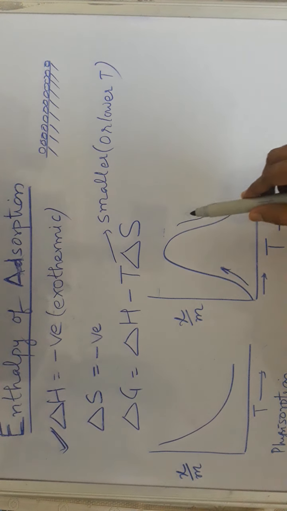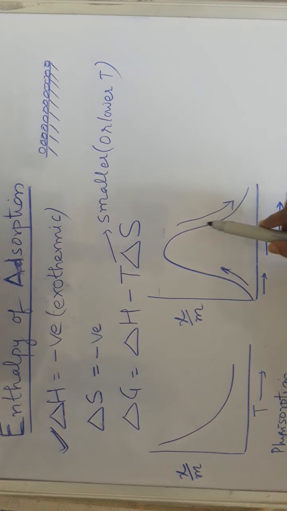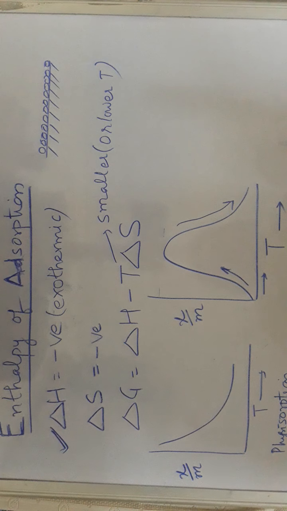Because thermodynamically adsorption is an exothermic phenomenon. So low temperature will favor adsorption. And when temperature is very high, the rate or extent of adsorption decreases. So from this we can understand the effect of temperature on the extent of adsorption.